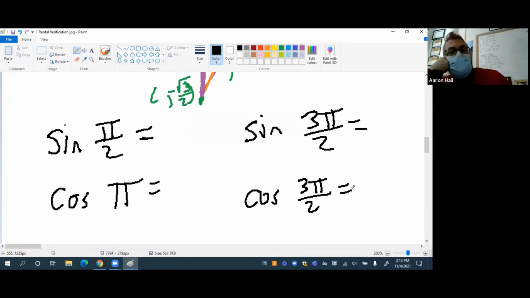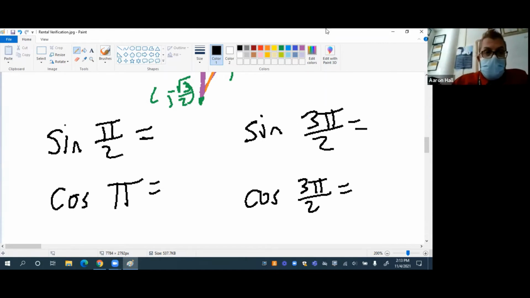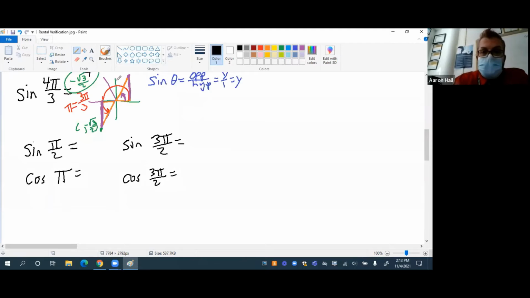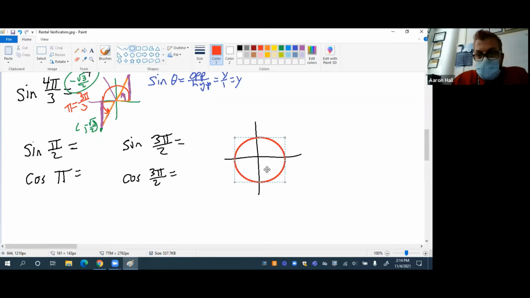So there's an easier way to think of being in between quadrants, and that is just use the unit circle. So here's my unit circle. Let's just grab a circle like that.